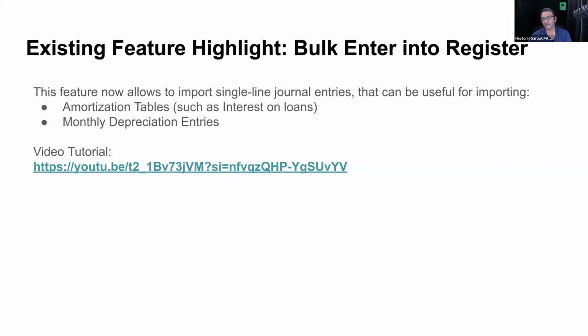Last thing I mentioned before we get into the new features is bulk enter into register. We've added the ability to import single line journal entries. We're not seeing a lot of people using it, so we did an entirely separate tutorial that's in the slides.